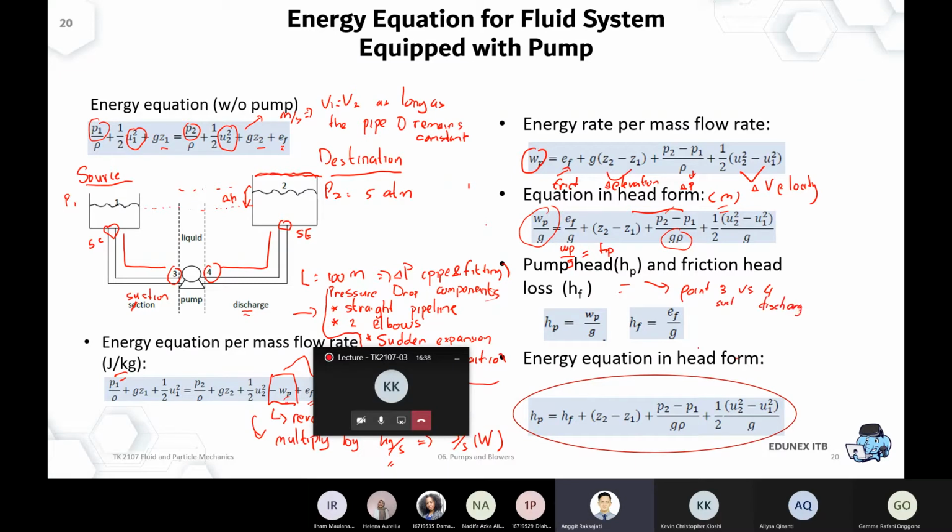So don't forget to account for the distance between 1 and 3 and between 4 and 2. Okay, so now the pump can be expressed in head form in meter as head of the friction, delta elevation, delta pressure, and delta velocity.